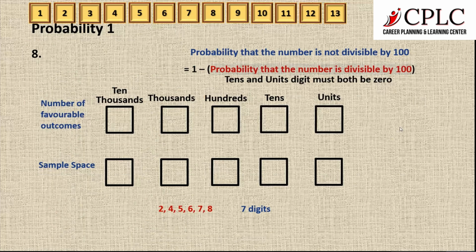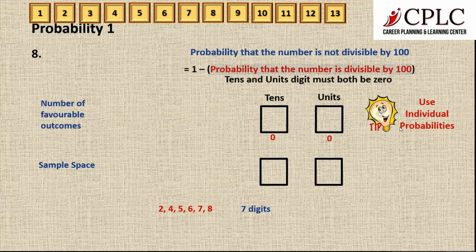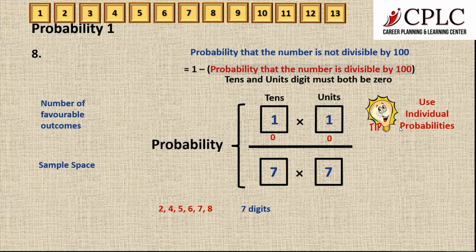Now, for a number to be divisible by 100, the tens and the units digits must be 0. So let's use individual probability. Only one digit can come at the tens and one digit can come at the units place out of 7 digits. So 1 by 7 into 1 by 7, that's 1 by 49, but it's 1 minus 1 by 49, which is 48 by 49. So 48 by 49 is the answer.